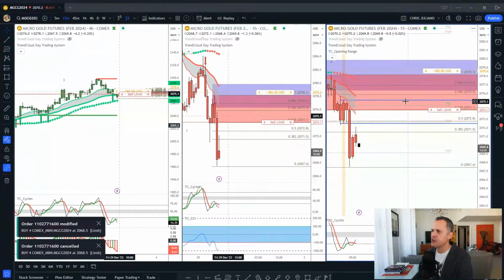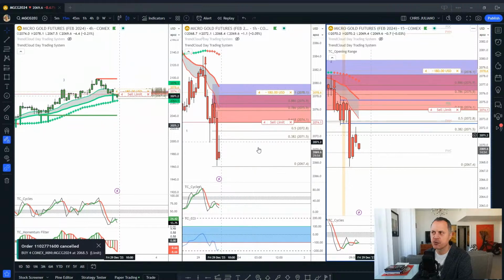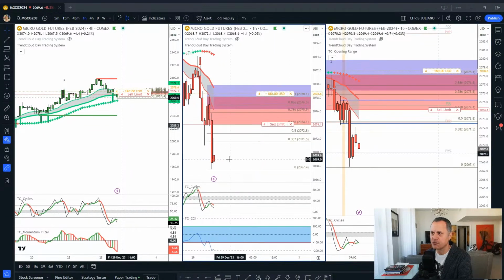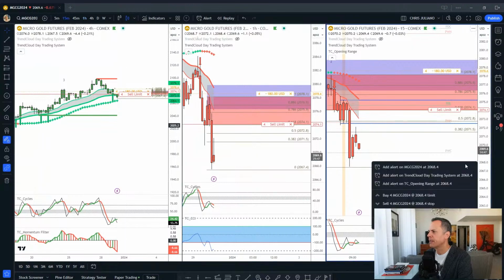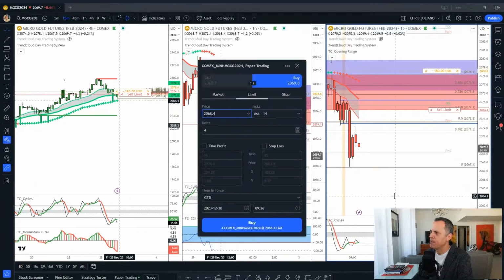Once we get into the trade, we can start scaling out of the position on TradingView. That's how it works on TradingView. So I can come over here, hit that plus sign, and I would say buy, and we're going to take out half our position like that.